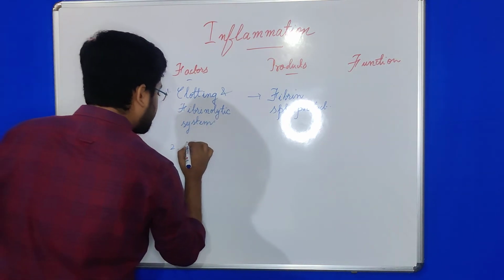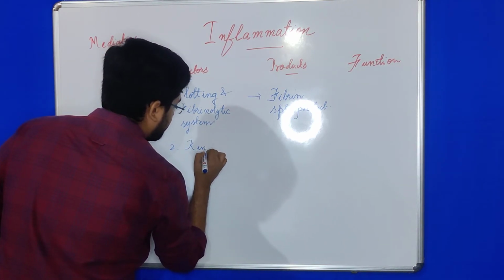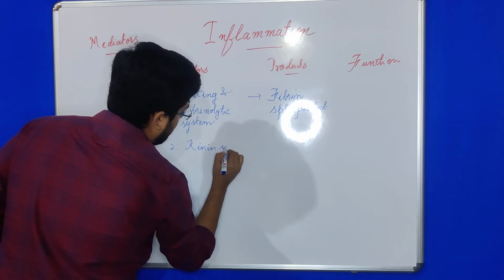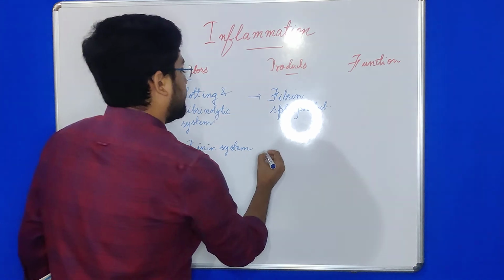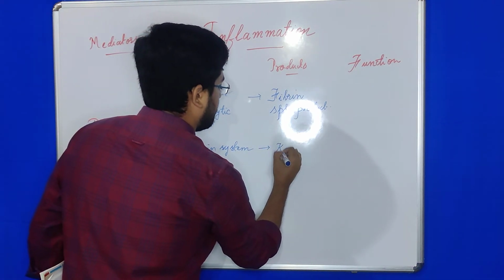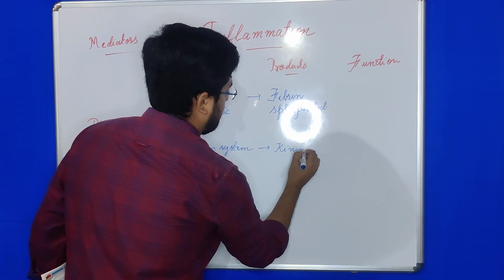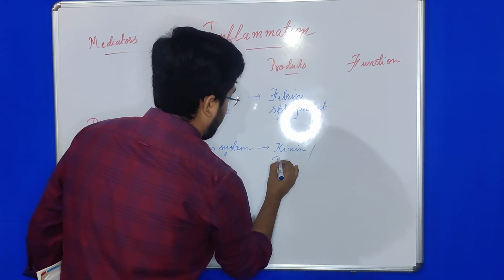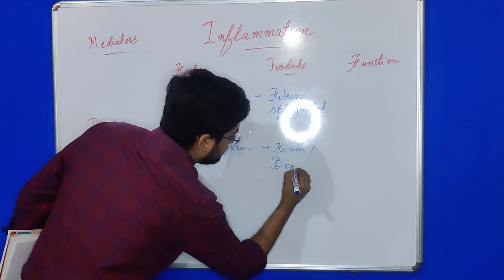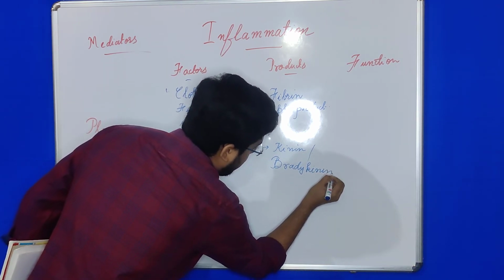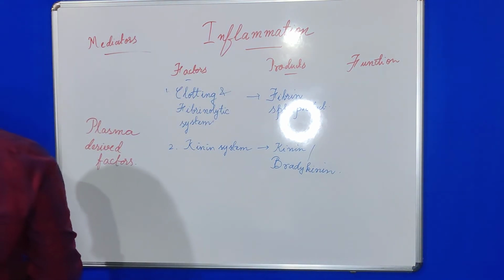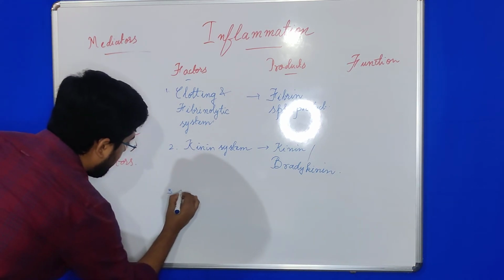Next is the kinin system. They produce kinins and bradykinins. And the last one is the complement system.